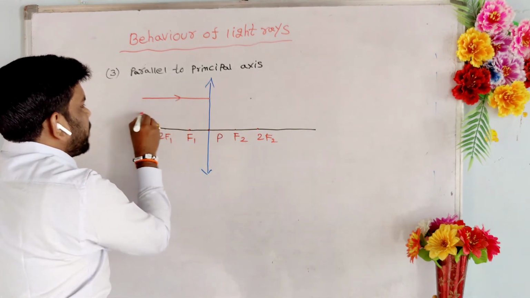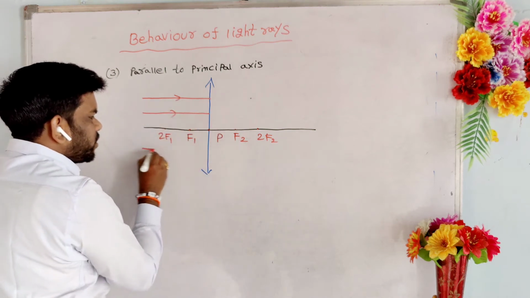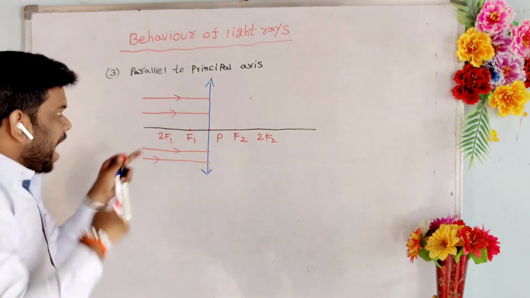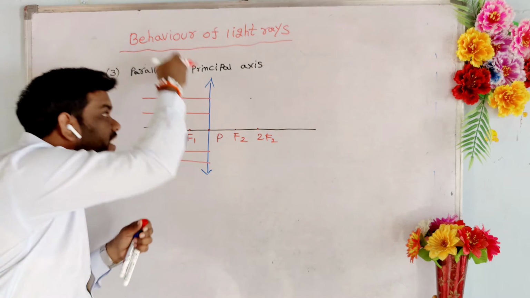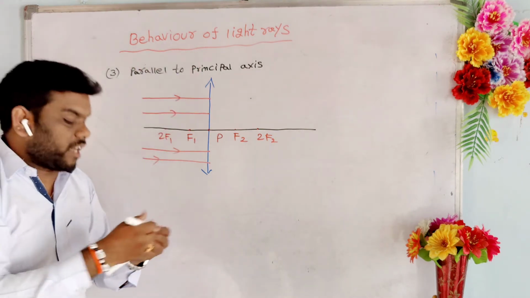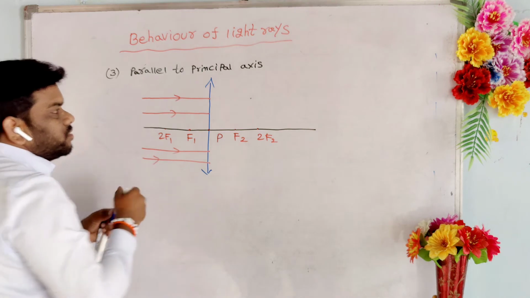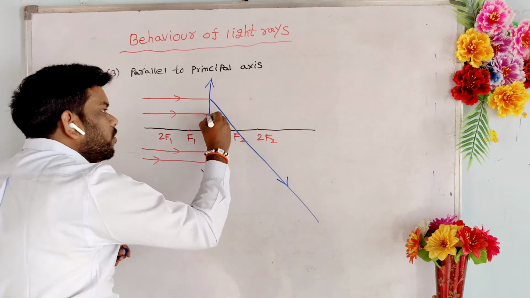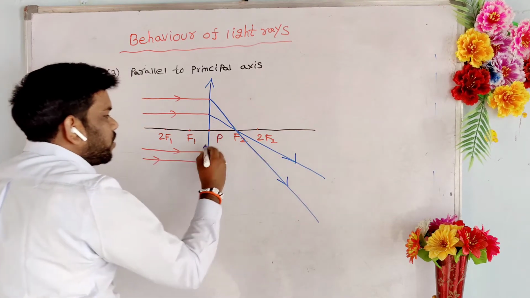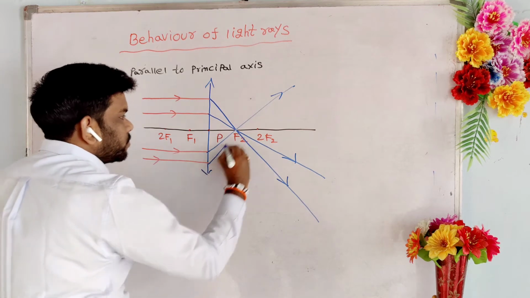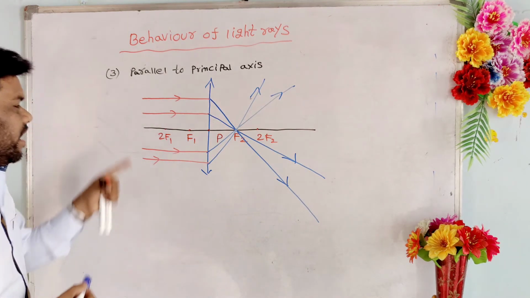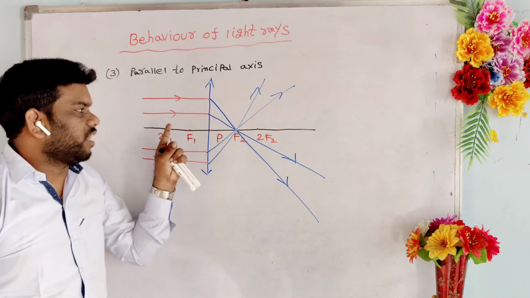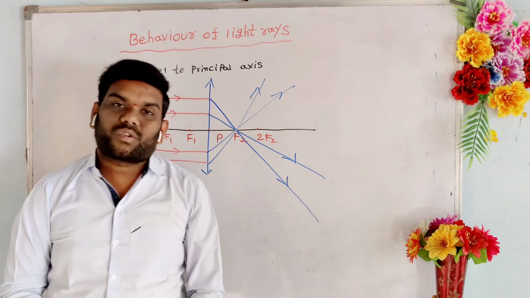Parallel to the principal axis, incident on the lens, after refraction they emerge through the focus and go out. So light rays traveling parallel to the principal axis, after refraction on incidence on the lens, meet at one point that is called focus.